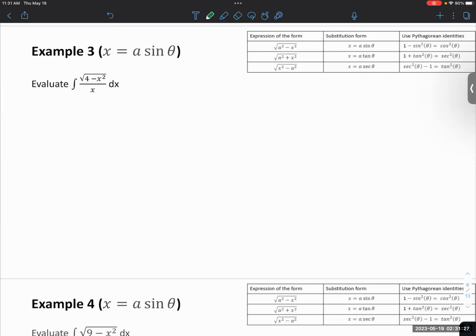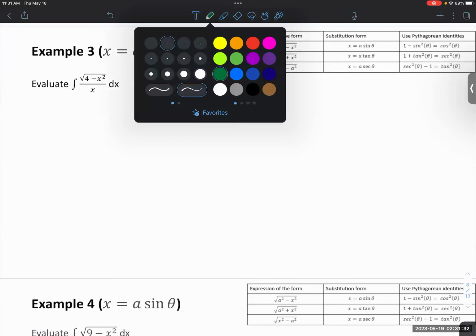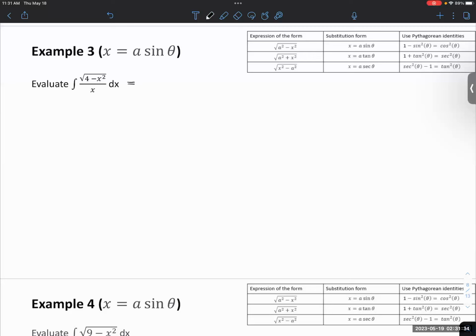So we have the integral of radical 4 minus x squared over x dx. So I can modify this. This means we have radical 4 minus x squared and 1 over x dx. We're going to use the trigonometric substitution method.